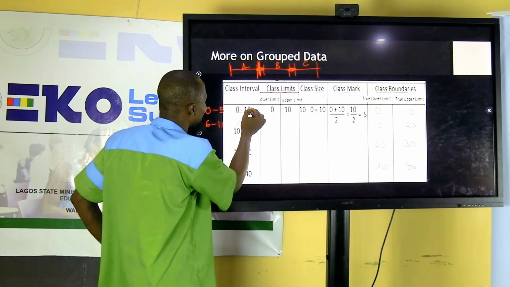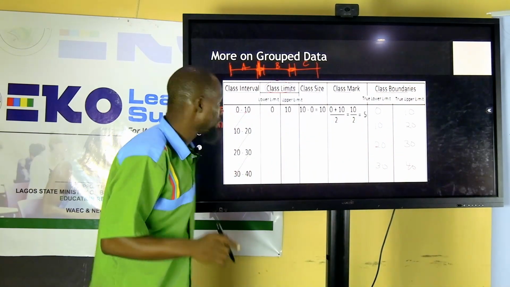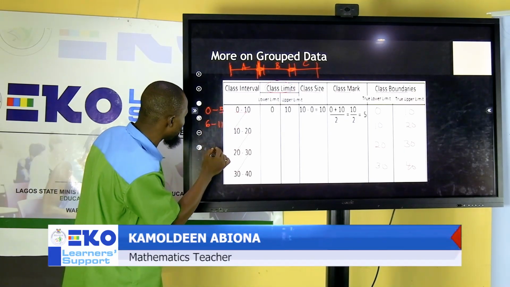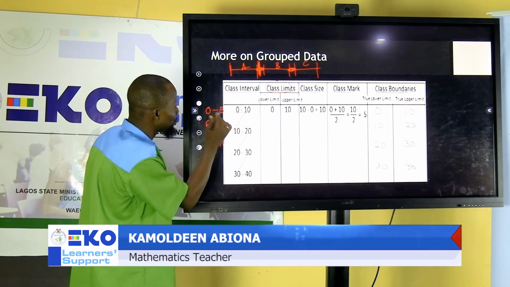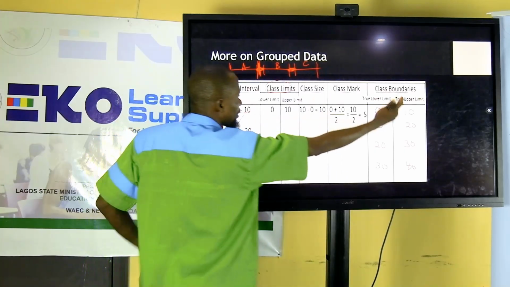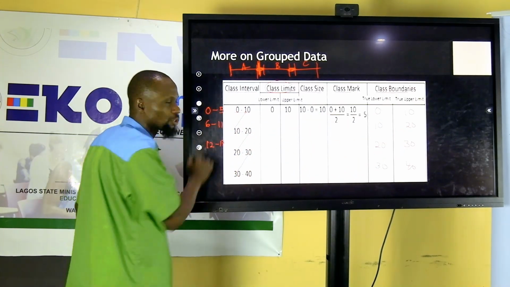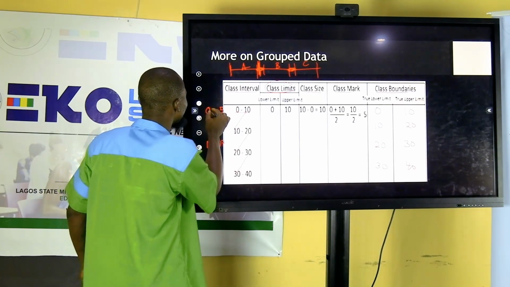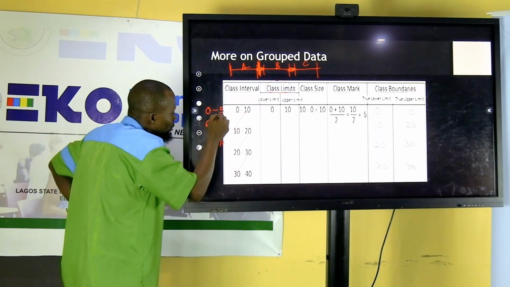In this case, because they are lapping, the class interval and the class boundary are the same. But in the case of this nature, when they are not lapping, like the previous example we had, 12 to 17, in this case you need to adjust this as the class boundary. So our class boundary here, in a data of this nature, you look at this, you subtract, you find the difference.